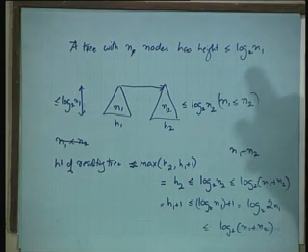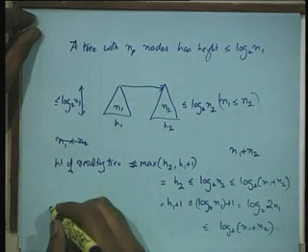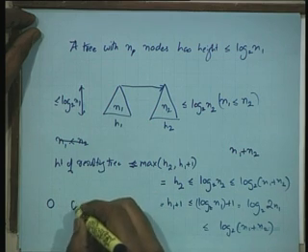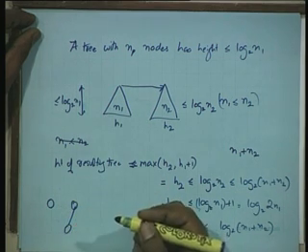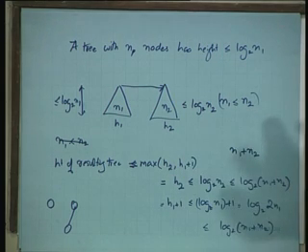When you have 2 nodes in the tree, it has height 1 by definition. So, now what are we saying? If the tree has only one node in it, this has height 0. If this is the case, it has height 1. So, I am counting the number of edges on the longest path from one of the leaves to the root. I am counting the number of edges and not the number of nodes.